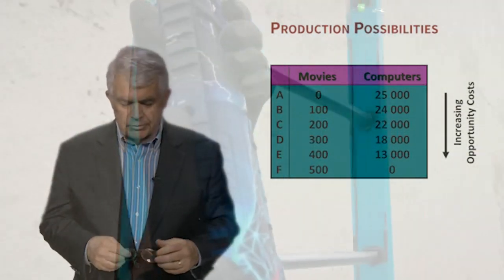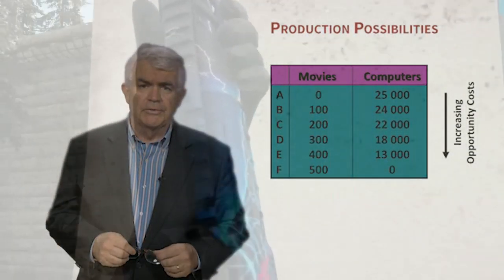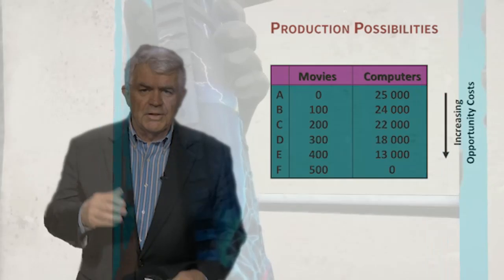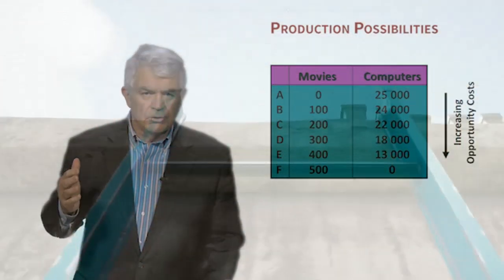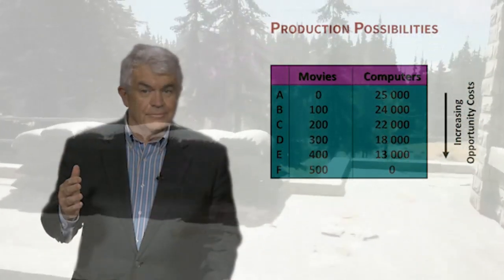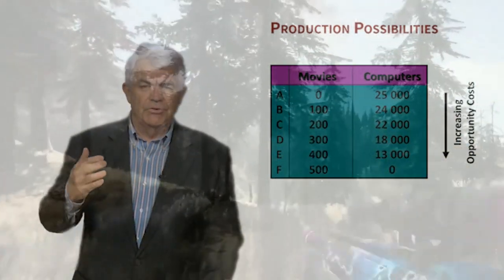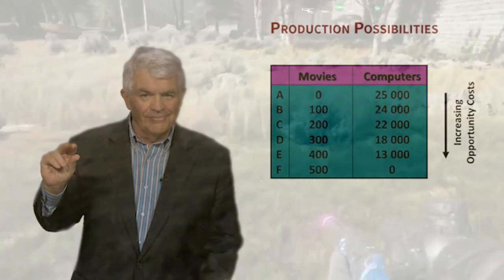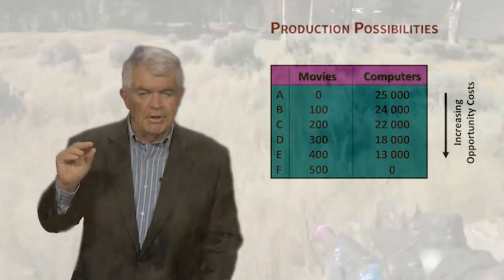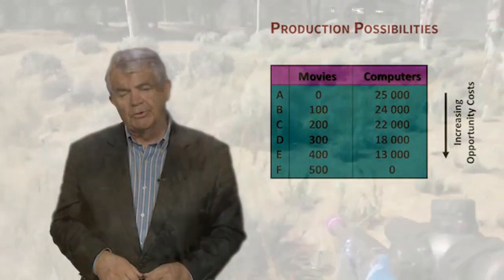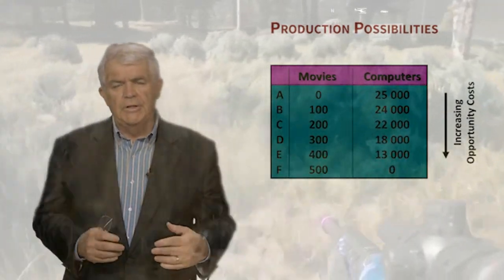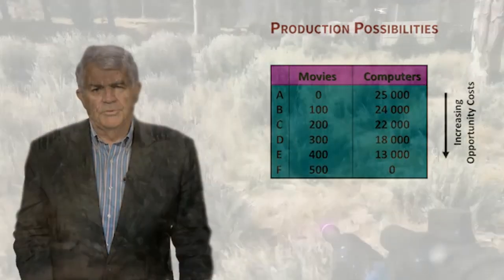You get a 2,000 reduction from 24,000 to 22,000. So that's another opportunity cost, but it's a higher opportunity cost. It's increased from 1,000, going from 25,000 to 24,000, and now it's 2,000, from 24,000 to 22,000. So the increment is bigger, and that's what we mean by increasing opportunity costs.